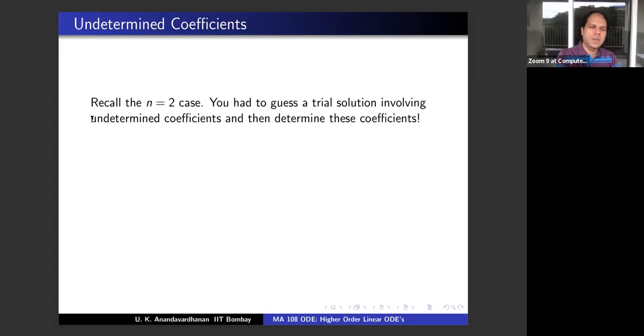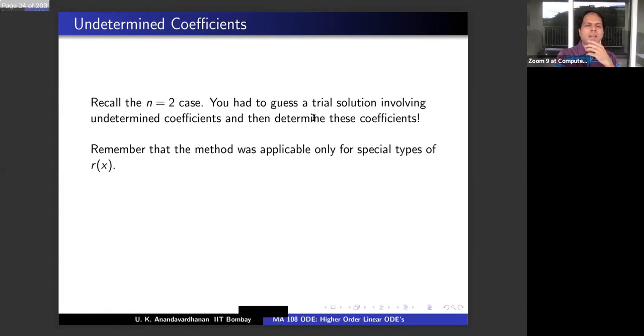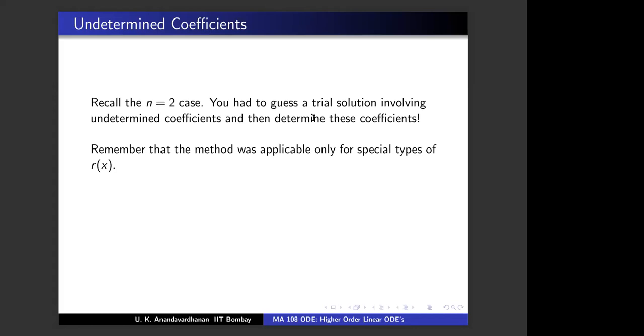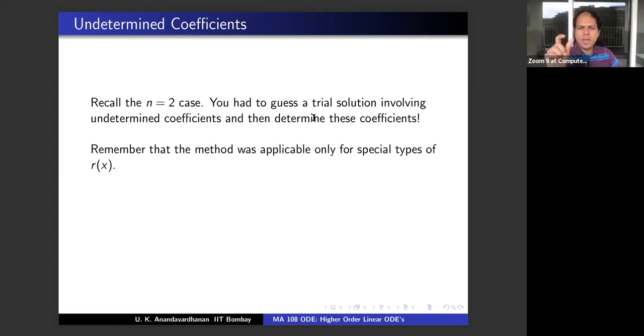This method was applicable only for special types of R(x): sine or cos, e power x, exponential, polynomial, and a mix like e power something times sine. You can also have a sum of these; if you have a sum of n functions on the right hand side, you do n sub-questions.